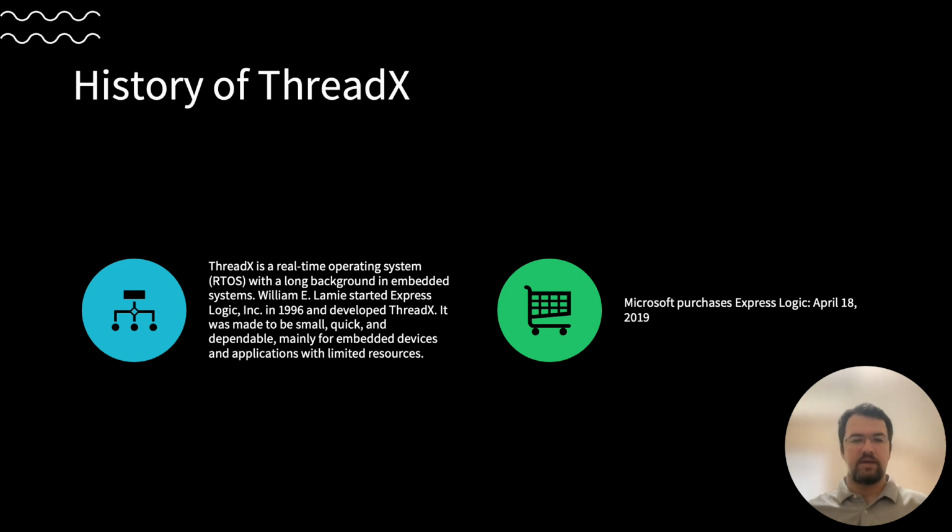If we talk about the history of ThreadX, it is a real-time operating system with a long background in embedded systems. William Lamie started Express Logic in 1996 and developed ThreadX.